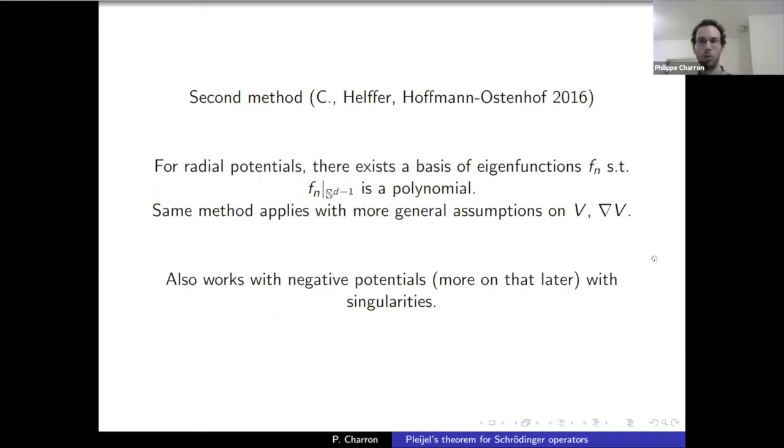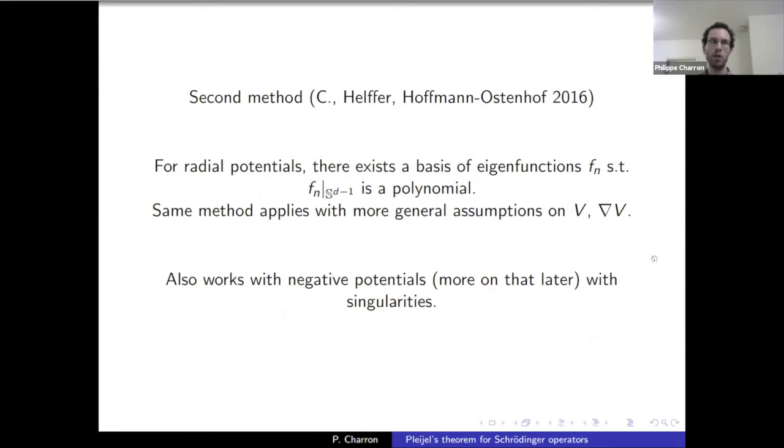Now, another interesting thing is that the same proof works when you have a negative potential. The Coulomb potential is an example of that, but you can restrict yourself to a slightly larger class of potentials. Basically, the potential looks like minus 1 over norm of x to the b, and b is between 0 and 2. There's a reason why you cannot go over 2, but the idea is that you want to have infinitely many eigenvalues under the essential spectrum.